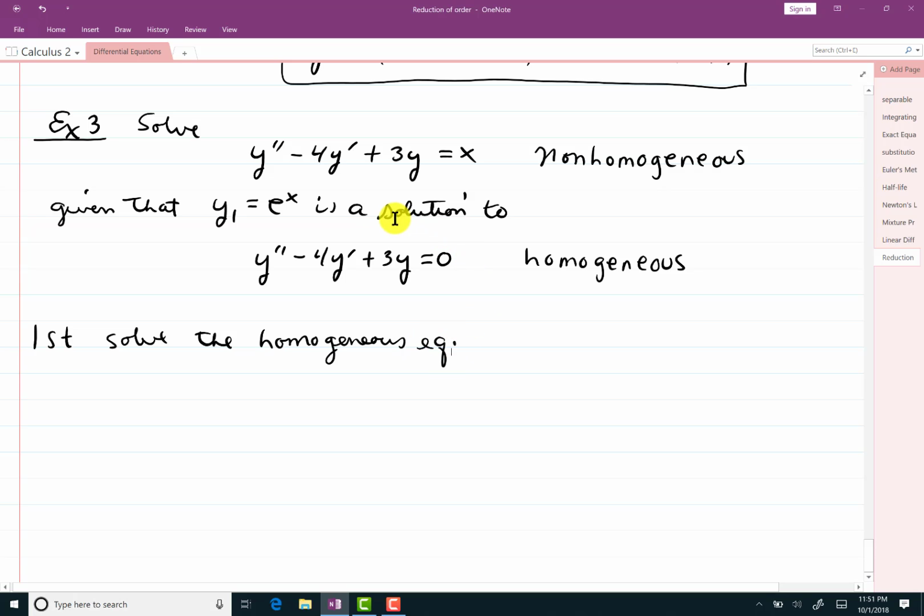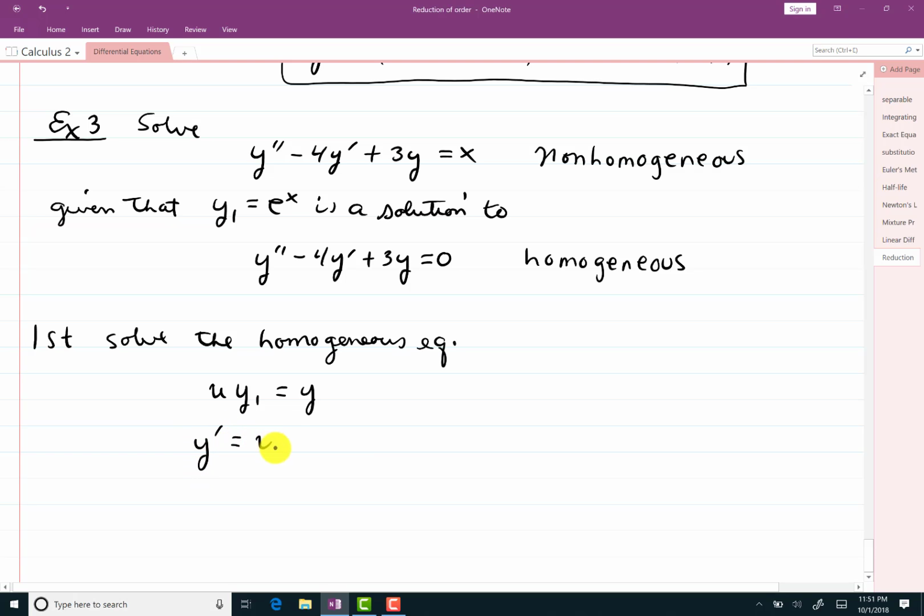All right. With that, then I know that y1 equals e to the x is a solution. So like I did before, we'll let u y1 equal y, and I'll need to take a first and second derivative. I've done it a few times, but it doesn't hurt to do it again, I guess.